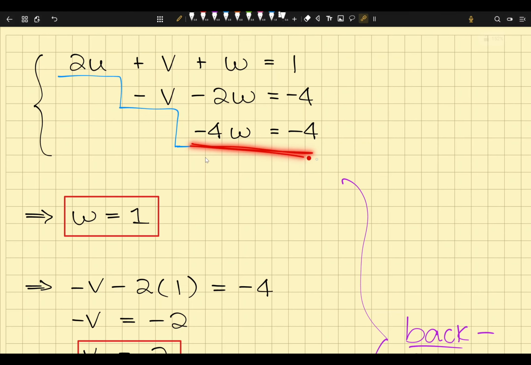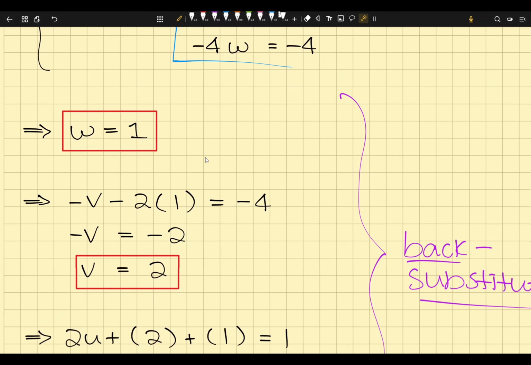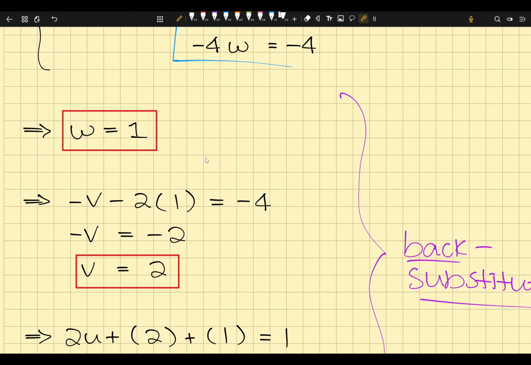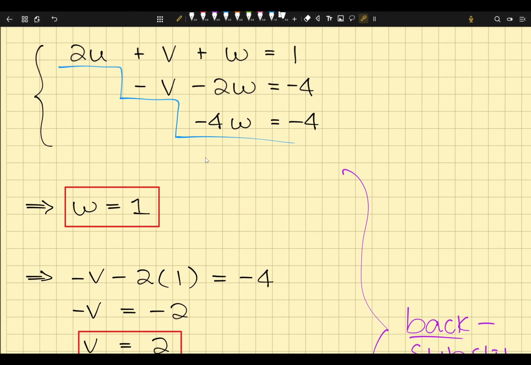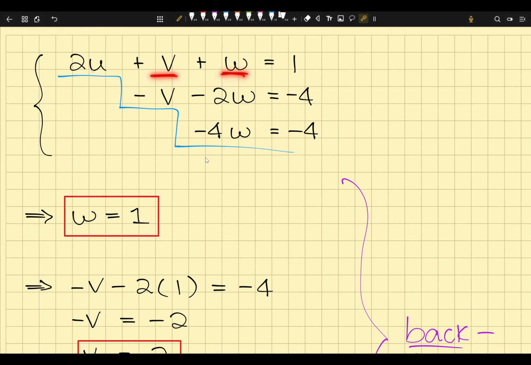We're left with a simple equation where we can solve for W, by dividing by -4, and we get W is 1. Once we know W, we plug it in here, and this lets us solve for V. And now that we know W and V, we plug them in here, and we solve for U.